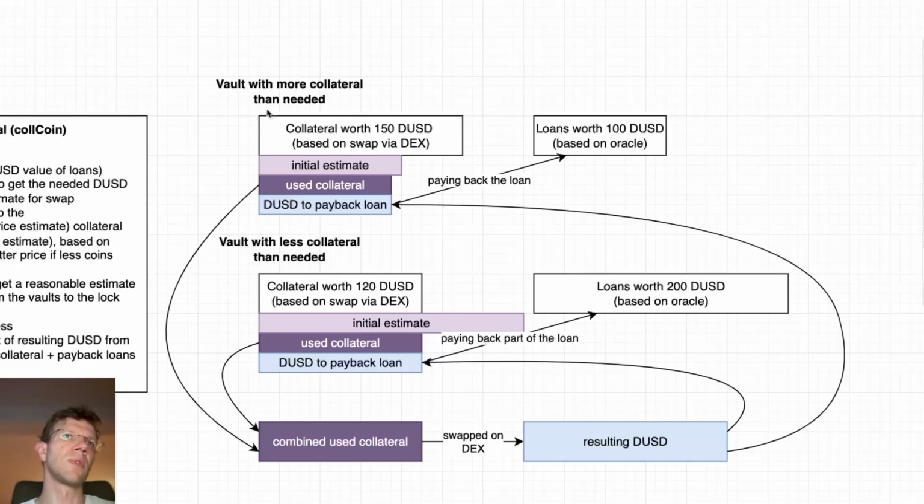And now I know this vault uses that amount of collateral, that vault uses that amount of collateral. Take all those collaterals out, have the combined used collateral, swap it on the DEX to DUSD, distribute those DUSD accordingly back to the vaults. So it's basically the same amount and the same value, depends on how you view it, and use that DUSD to pay back here the full loan and here parts of the loans.